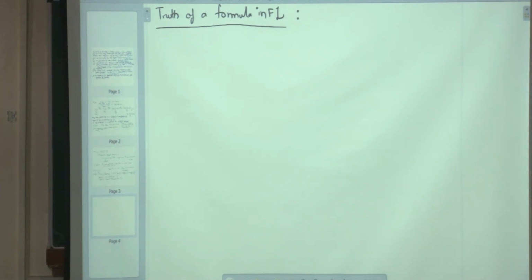Just now we saw that we need help of a structure to understand something. So, suppose phi x bar is a formula for L and M is an L structure.